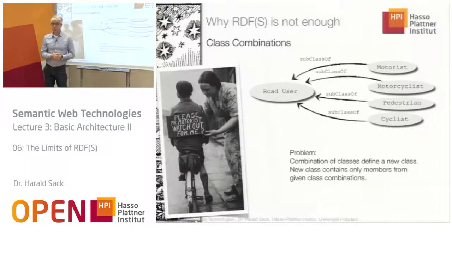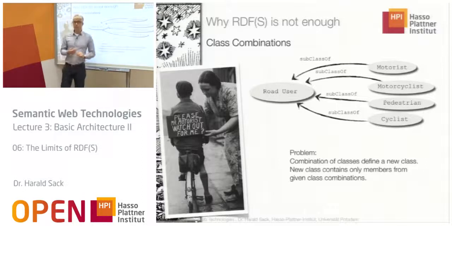Next example. If we try to create or represent classes from basic classes, from class combinations, RDFS has no possibility to do this. We cannot state the fact that, for example, road users consist of the members of the following classes: all motorists, all motorcyclists, all pedestrians, and all cyclists.